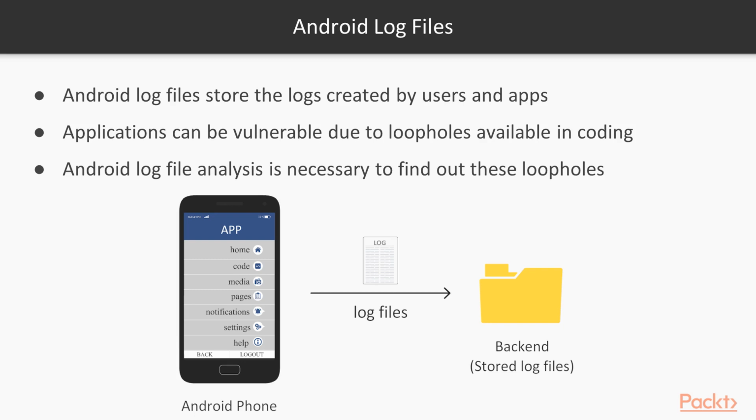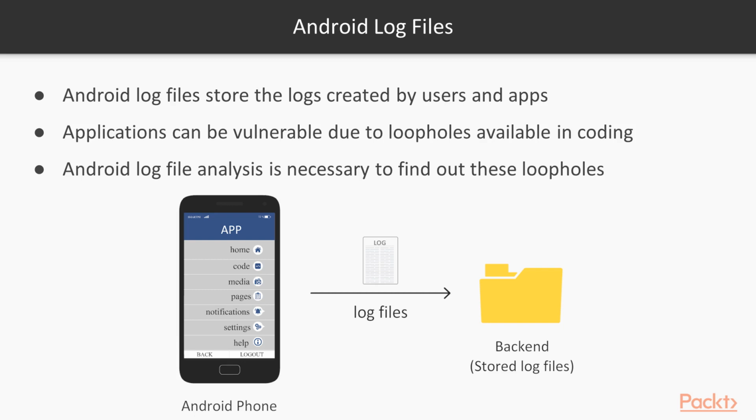The third point, Android log file analysis is necessary to find out the loopholes. Absolutely correct. For example, if you are a pen tester and you are trying to get information about the vulnerability of an Android app, then you can just visit the Android app and it will create some logs, and the logs will be stored inside the log files. So a pen tester can easily analyze the log files to see if there is any vulnerability inside the app. If there is any vulnerability available inside the app, obviously the log files will contain some secret or sensitive information.